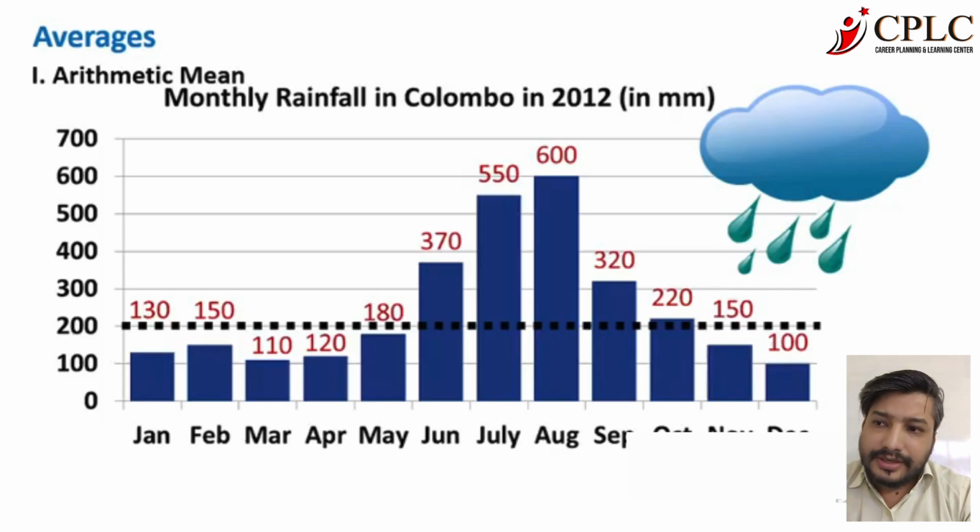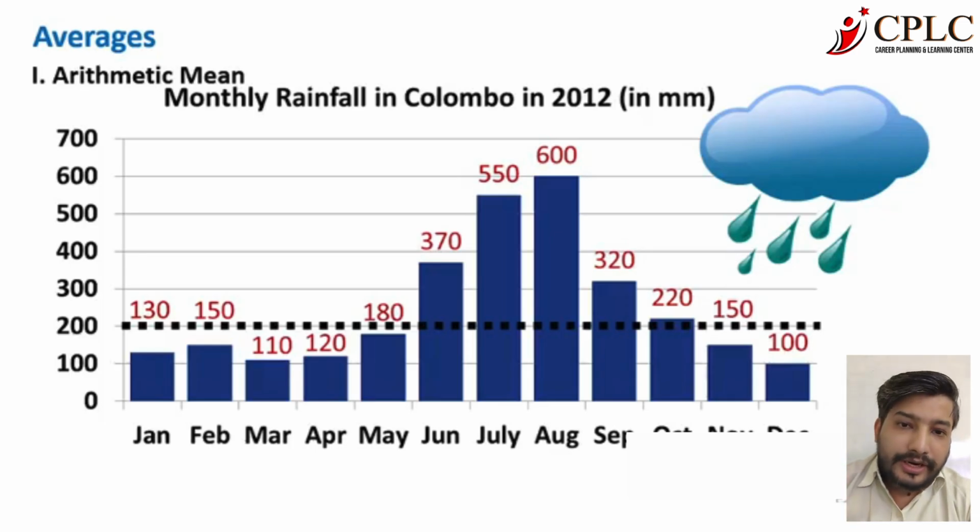The second step is you have to take the individual deviation of all the values with respect to the assumed value. Now what do I mean by that? If you observe, for January the data is only 130 millimeter rainfall, whereas we have assumed that it is a flat 200 millimeter every time. So that means in January there is actually a deficit of 70 millimeter compared to whatever we have assumed.